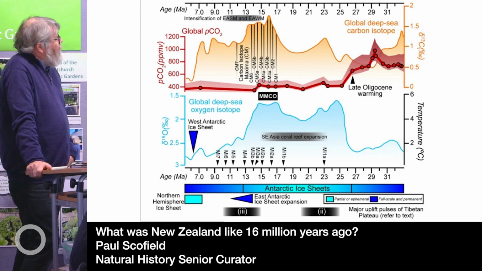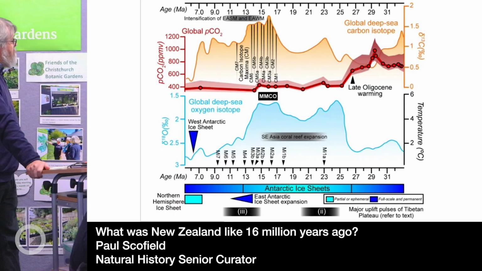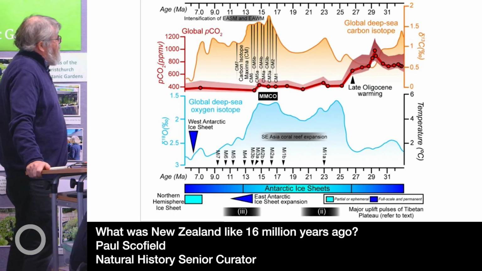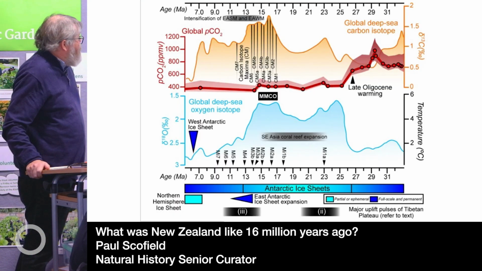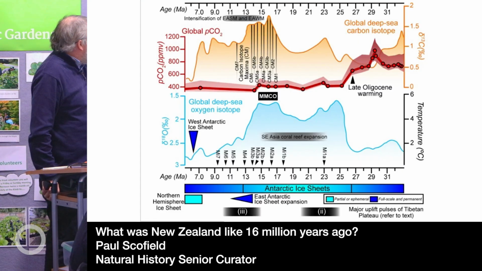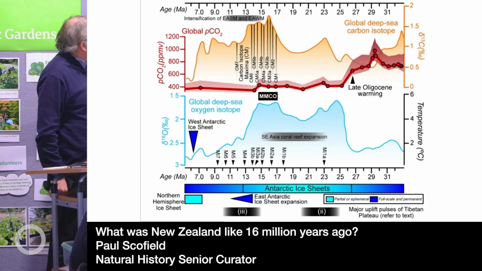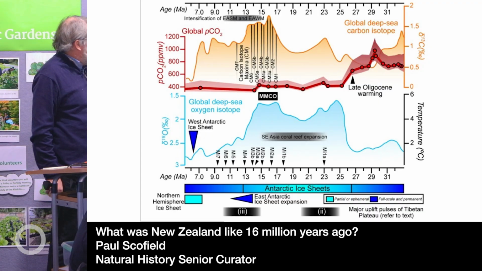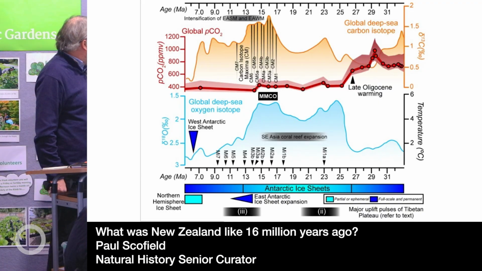I won't go into the specifics of how this has been calculated, but if you look at the yellow and indeed the blue lines there, and if you look from the right going to the left, at the right we have 31 million years and at the left we have 7 million years. So this is the period of the Oligocene and then the Miocene.